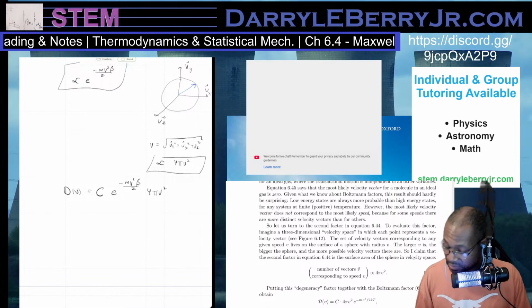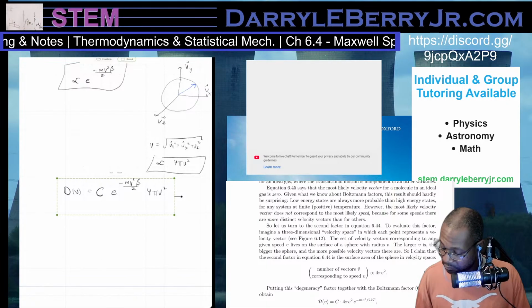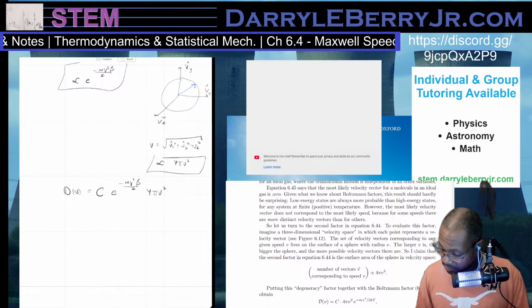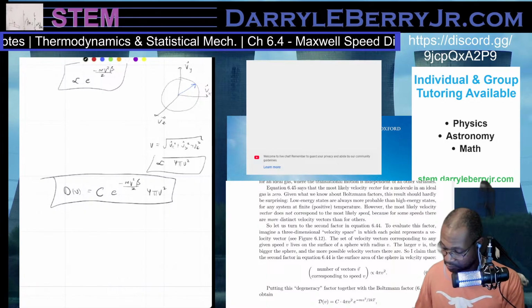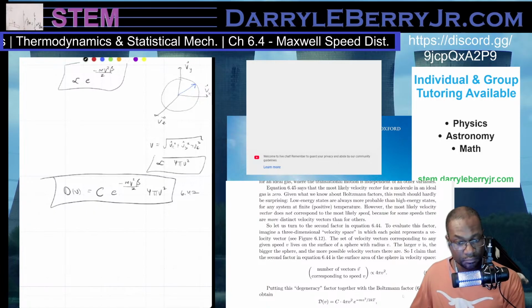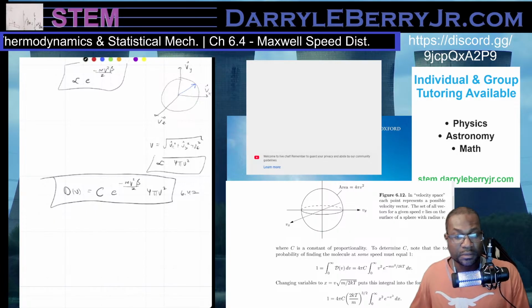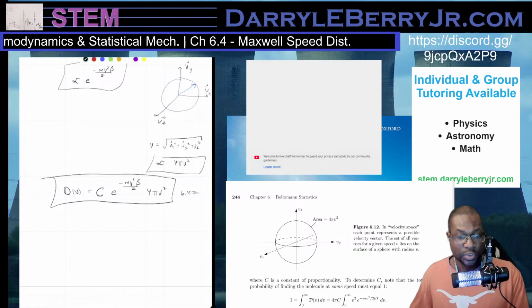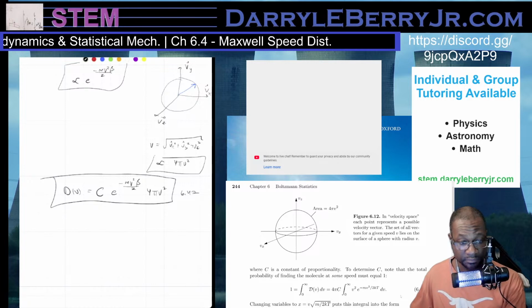So this seems to be something to convert. I guess this one is going to stay like that, where c is a constant of proportionality. To determine c, note that the total probability of finding a molecule at some speed must be 1.